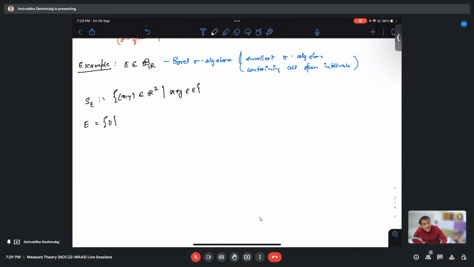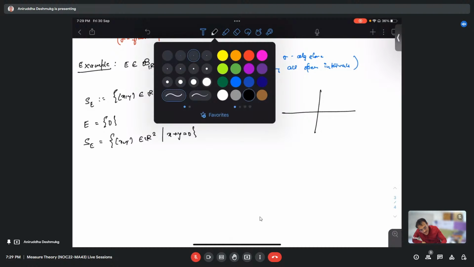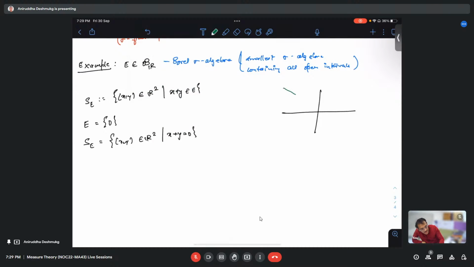Now, when I say that x plus y is inside singleton 0, it means x plus y is equal to 0. So S_E is: look at all those (x,y) in R2 such that x plus y is equal to 0. So this is basically a line, and it has slope -1. So it looks like this. This is S of singleton 0.